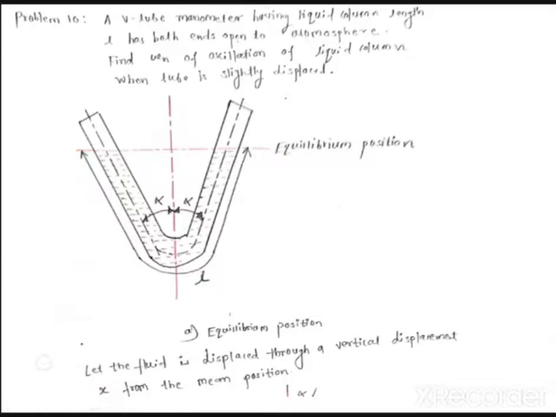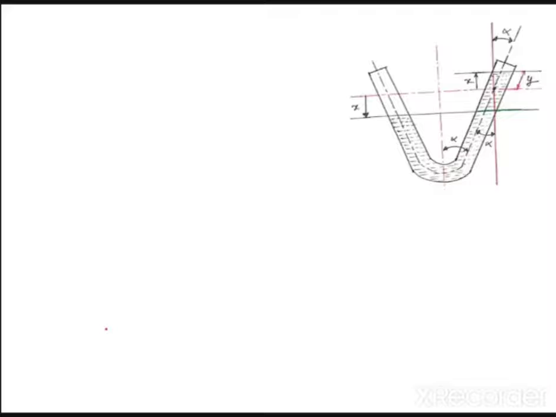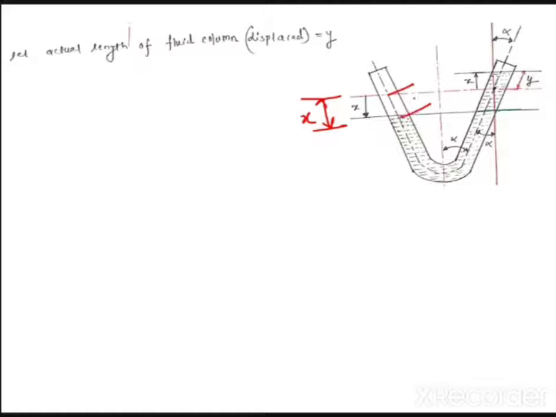Okay, I am explaining again with this figure. You can see this figure. From this point, this is a vertical distance x, you are giving a displacement, but what is the actual displacement? Let us say it is y.